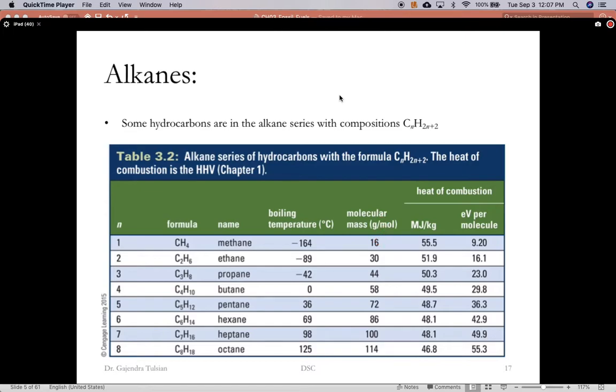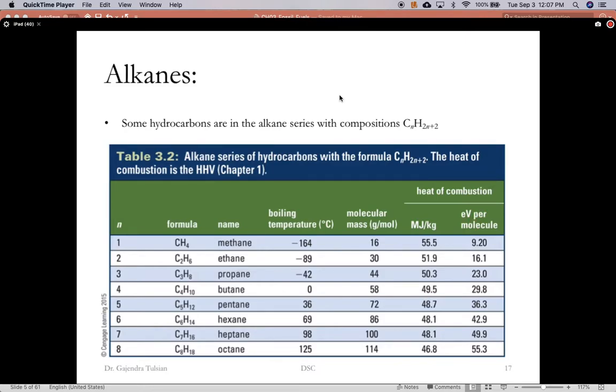What this table also shows you is various hydrocarbons, alkanes with no double bonds, and this is the energy in million joules per kg released when you burn these alkanes.